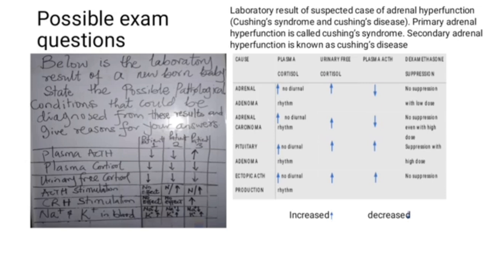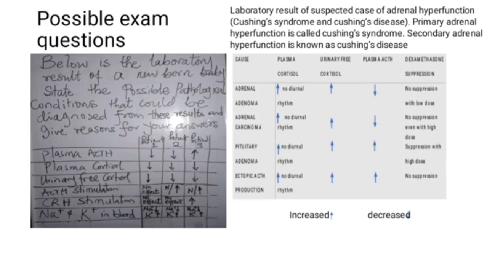So if there is no stimulation even after you have administered the CRH stimulant, then it means that the problem is from the hypothalamus. The hypothalamus is not responding, it is insensitive, there is hypothalamus resistance. So that is where the problem is. The hypothalamus is not responding to stimulation.